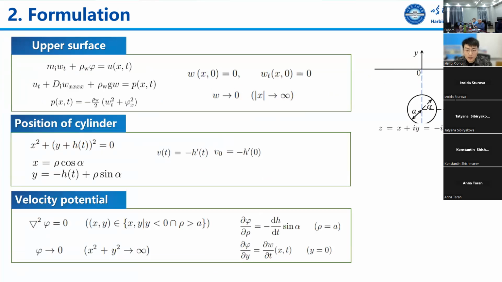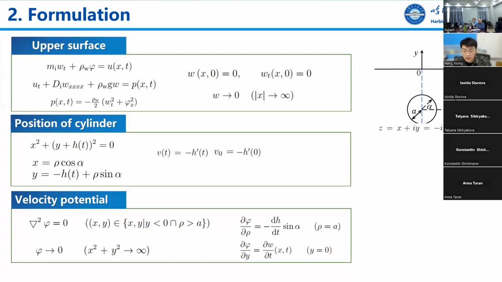The position of the cylinder is described with the Cartesian coordinate and the polar coordinate system. The velocity potential satisfies the Laplace equation in the flow region and the far field condition. The moving cylinder with outward normal gives the surface boundary conditions satisfied by the velocity potential.